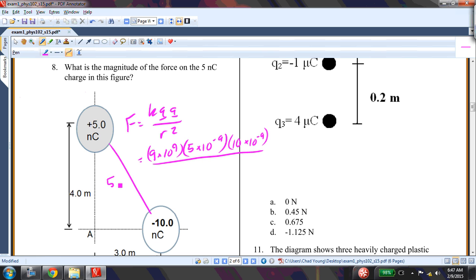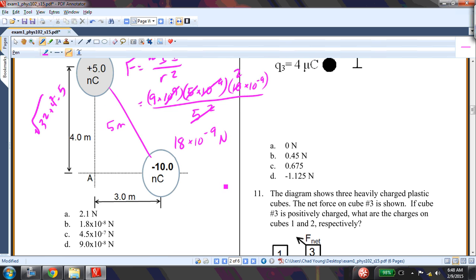This distance is 5 meters; you can say the square root of 3 squared plus 4 squared, square root of 25, that's 5. So 5 squared. Alright, so let's see. Some cancellations here. This 25 cancels with that and just leaves a 2. That gives me 18 times 10 to the minus 9 newtons.